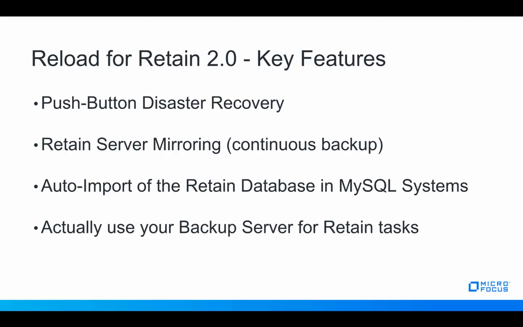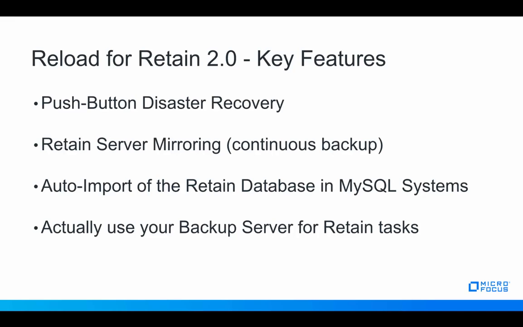So imagine this, in a disaster recovery scenario, instead of going, oh yeah, I know they're backing it up, and it's this dump, and we're going to import that in, that'll take 12 hours, and meanwhile you have 12 hours of downtime and so forth. You can have Reload for Retain automatically every night, or whatever your interval is, be importing that in over on your Retain system that's hosted on the Reload server.